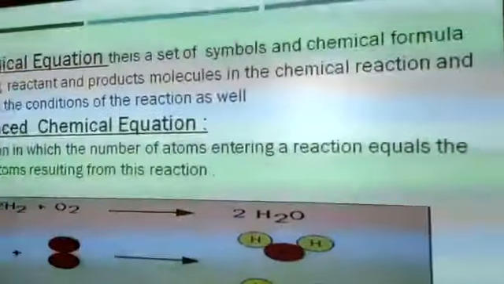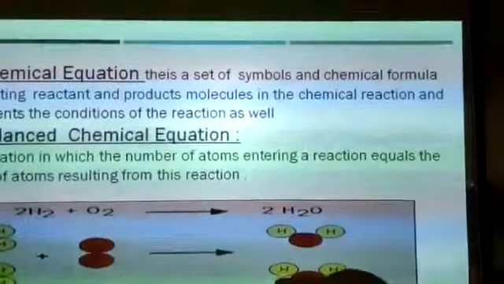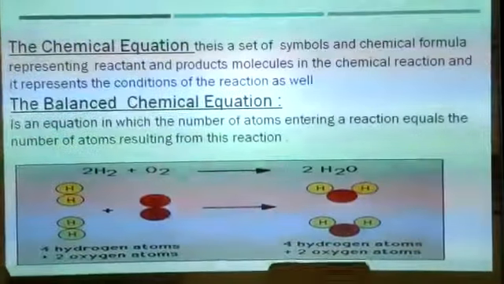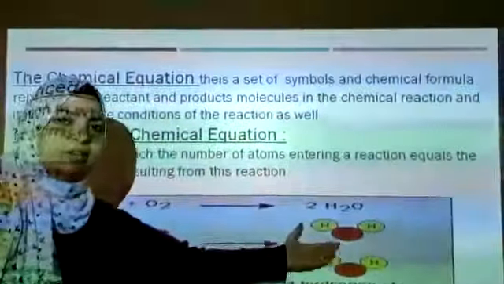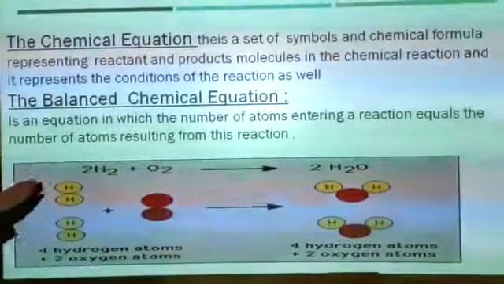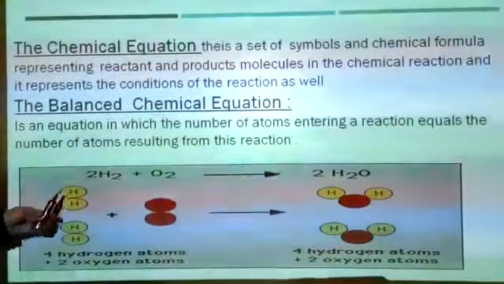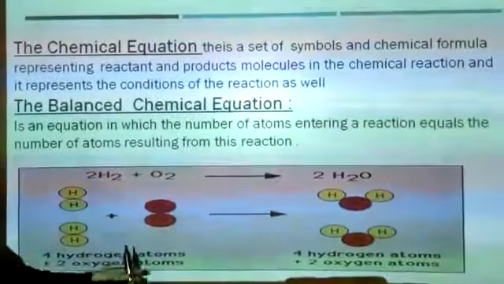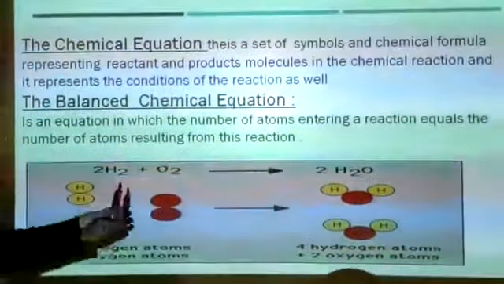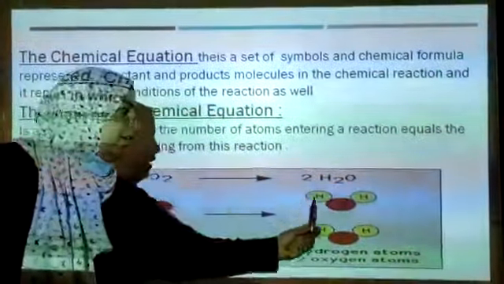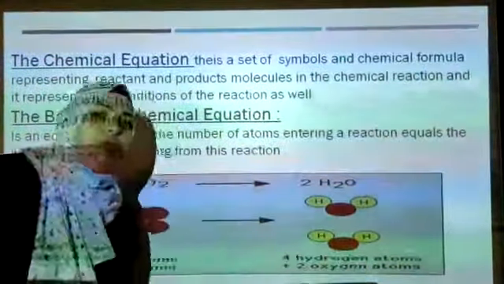Okay, look at this equation. The chemical reaction between hydrogen atoms and oxygen molecule to form water. We use 4 atoms of hydrogen reacted, and in product 4 hydrogen atoms: 1, 2, 3, 4.